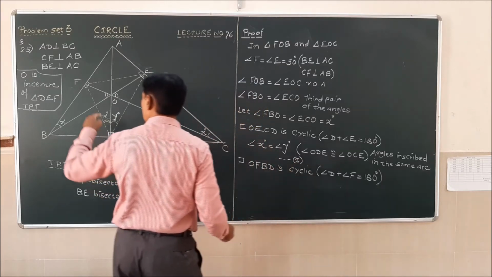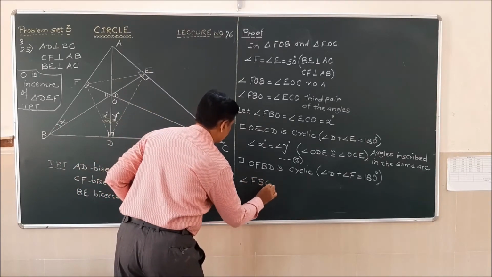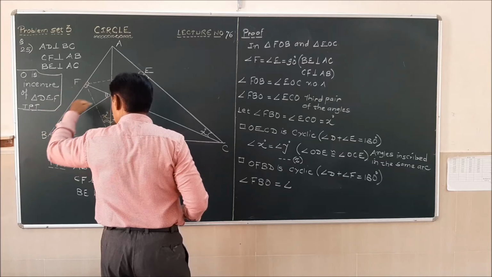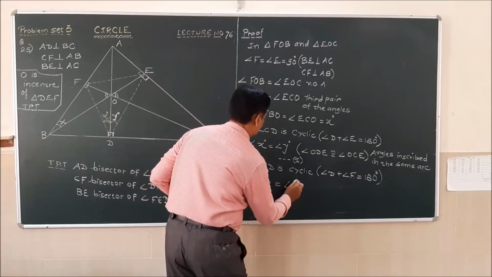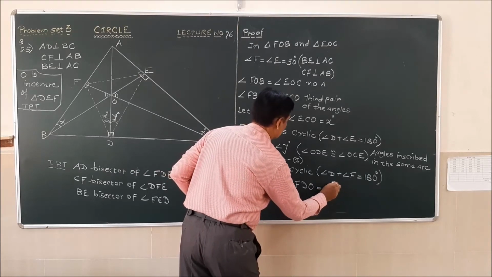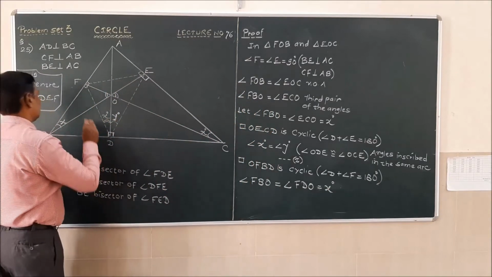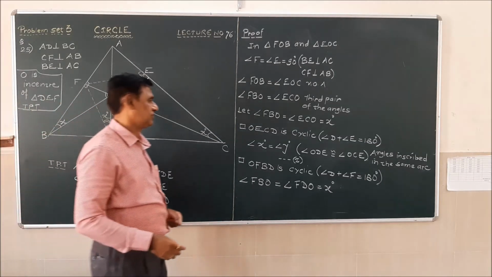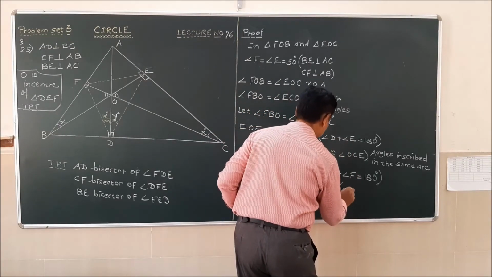So angle FBO is equal to X. Try to understand, angle FBO is equal to X. And this is right in the same arc.